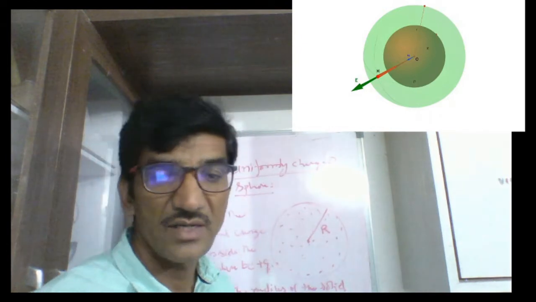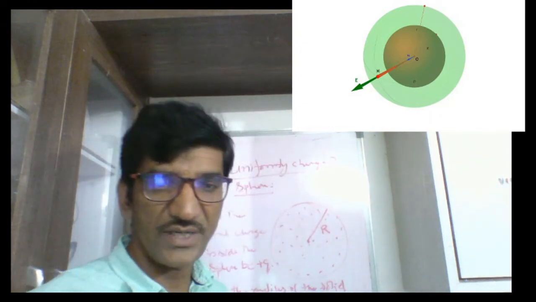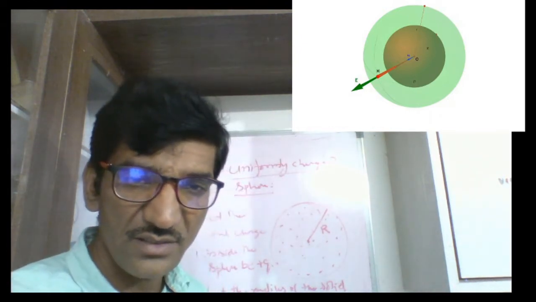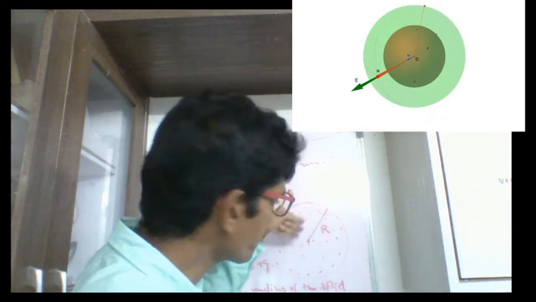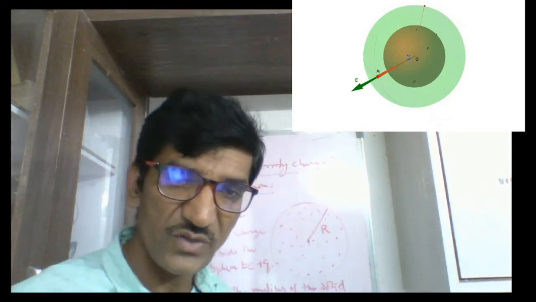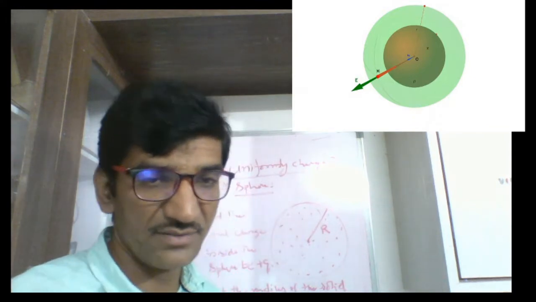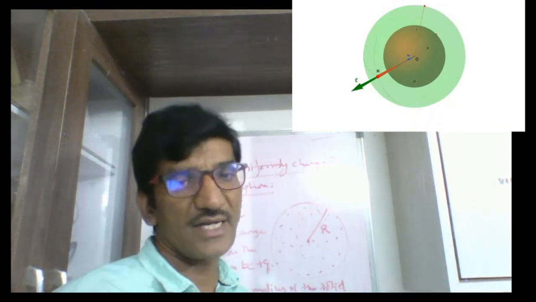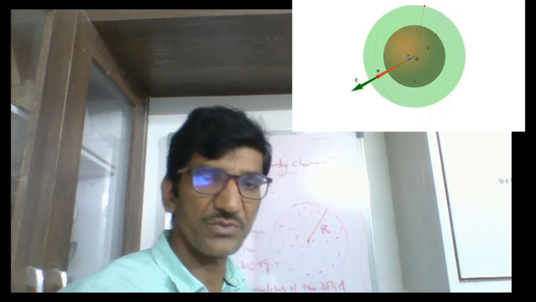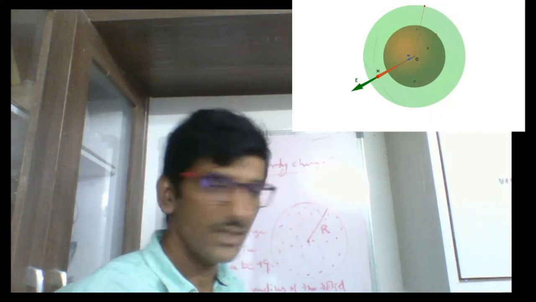Because R is not 0, it is not a point object. Here also you have some space inside the sphere, and here also you want to know the electric field. The Gauss law definitely answers these two questions posed by you.